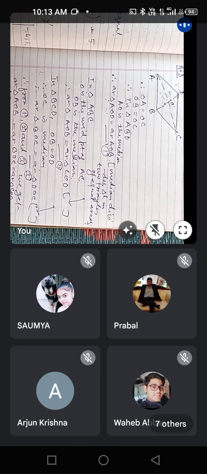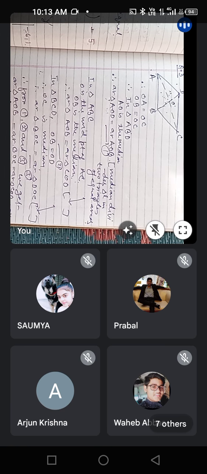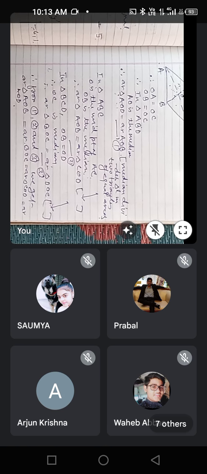All four are equal. Hence the diagonals of a parallelogram divide the parallelogram into four triangles of equal areas. Okay? Do it fast.